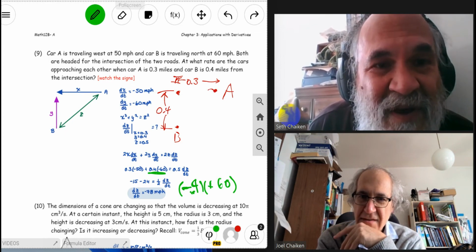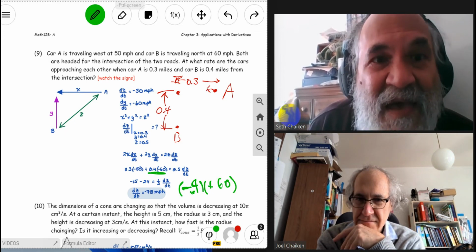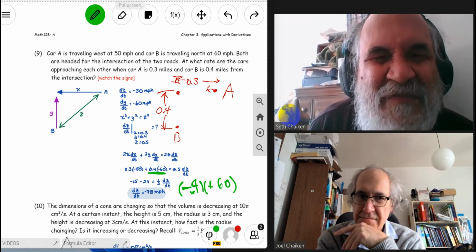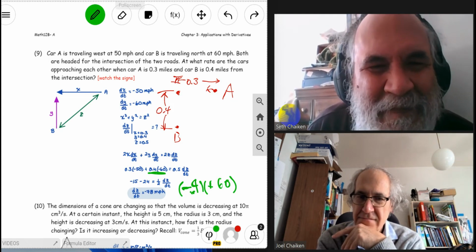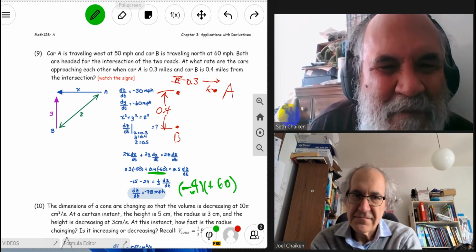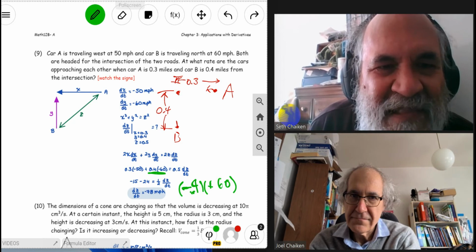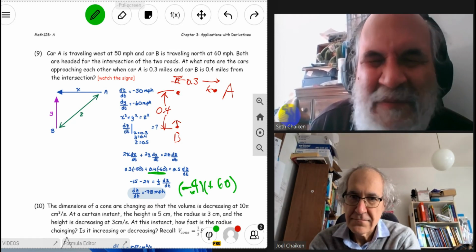So I'll make, there we go, there's this little arrow on A. And that arrow stands for the velocity of car A, right? And then similarly for car B, there is a little arrow that stands for the velocity of car B.